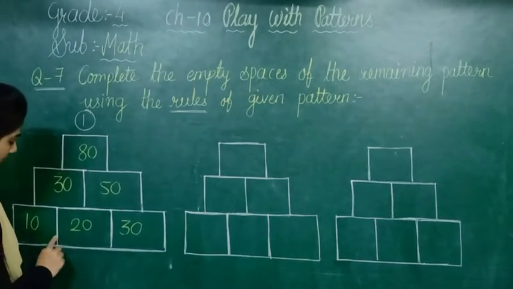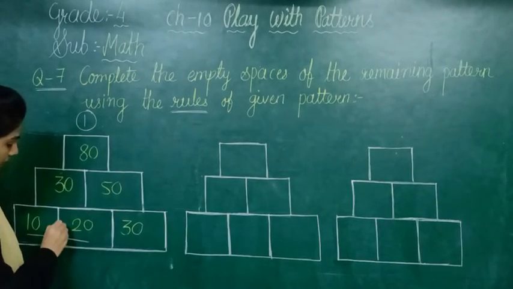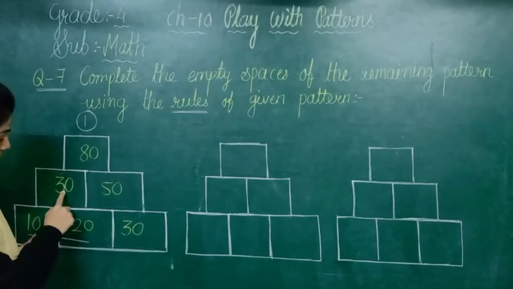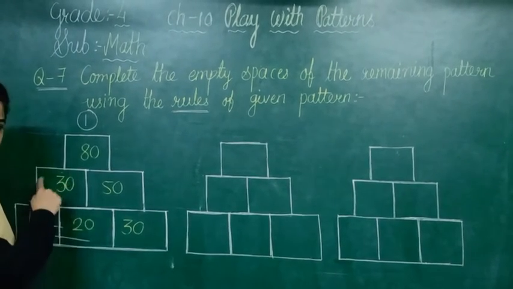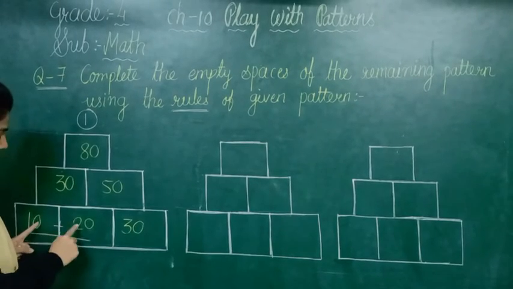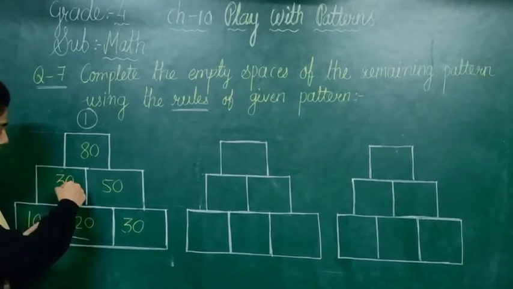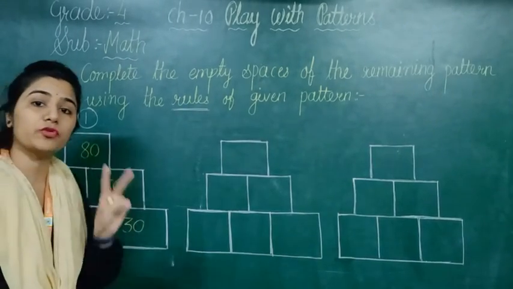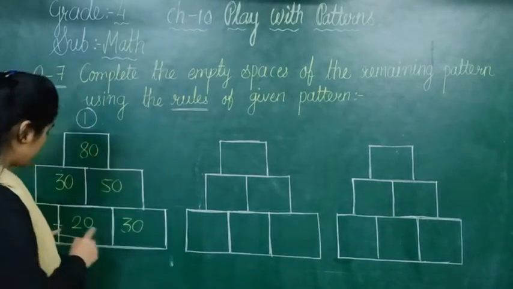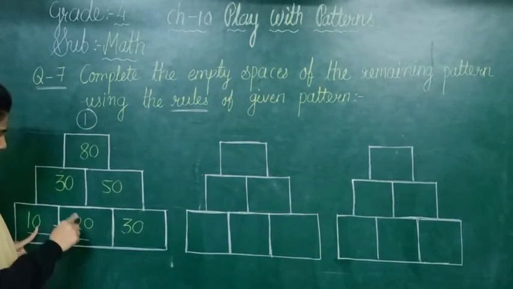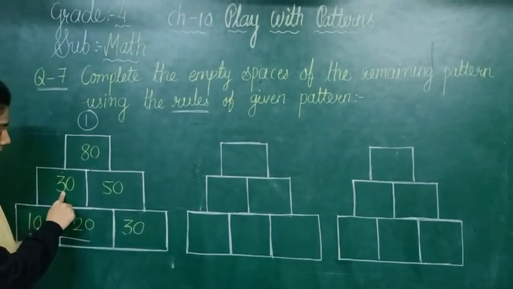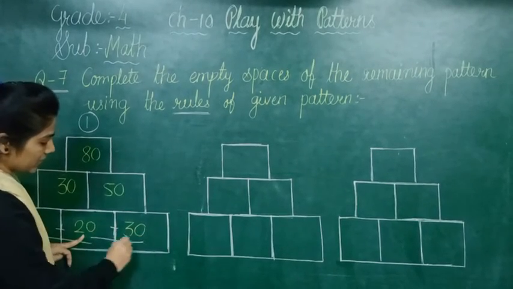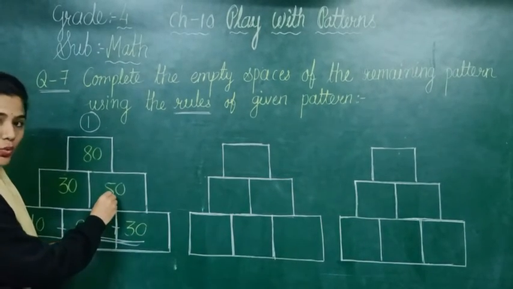So we can say that 10 plus 20 is 30. Whichever box is between the 10 and 20, above the 10 and 20, that answer should be 30. It means we have to add the 2 numbers together. Like this, 10 plus 20 is equal to 30. Next, 20 plus 30 is equal to 50.